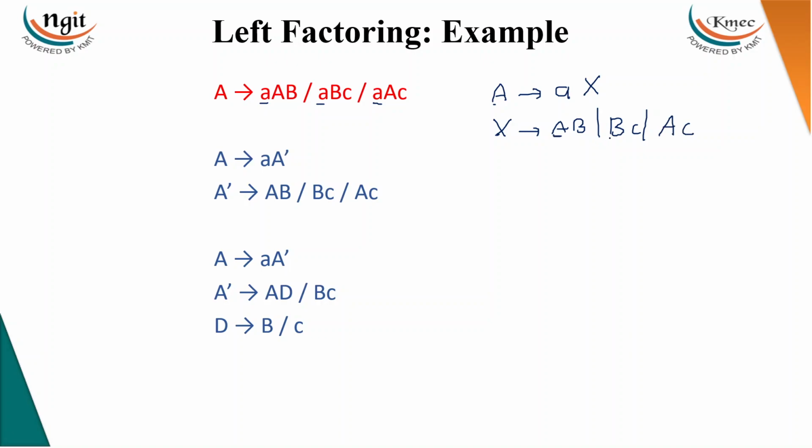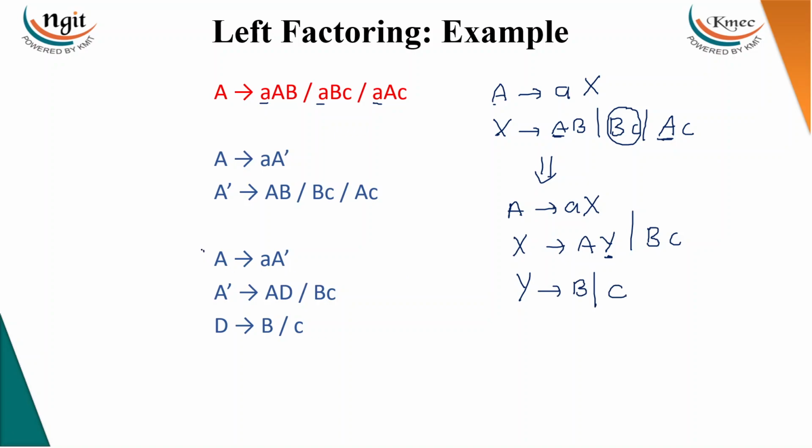Now again A is common here, see. Here it is not common, you take it as it is, but A is common here. Then what we can write here once again, A tends to AX and X tends to AY or BC, because BC has no common thing. Don't take B common here, it must be from the left side only. Y means B here, C here. Then you can write Y tends to either B or C.